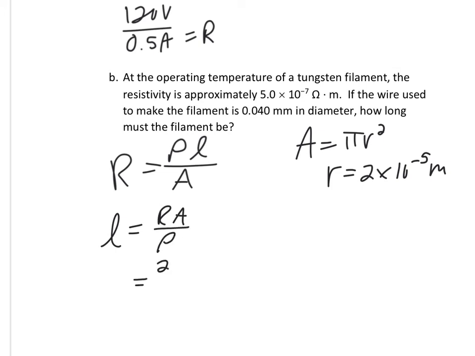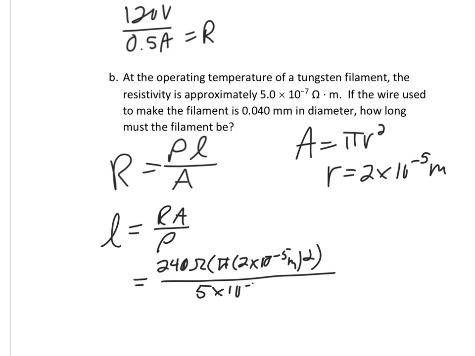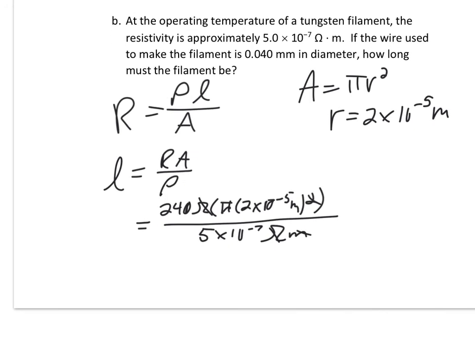So this will equal our answer from part A, 240 ohms, times the area, so this would be pi times 2 times 10 to the negative 5th meters squared, over 5 times 10 to the negative 7th ohm meters. Ohms cancel, one of those meters goes away, we're left with units of meters. And this is going to come out to 0.60, keeps on going, meters for L.